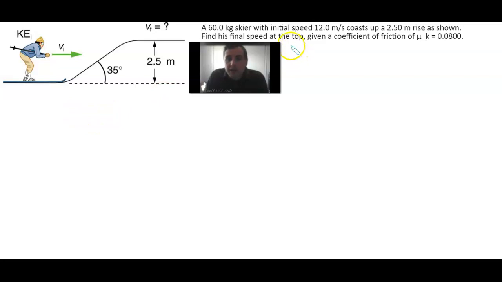So we can say first that theta is equal to 35 degrees. Secondly, we can say that the mass of the skier, that's m, is 60.0 kilograms. Next, the initial speed is 12 meters per second.